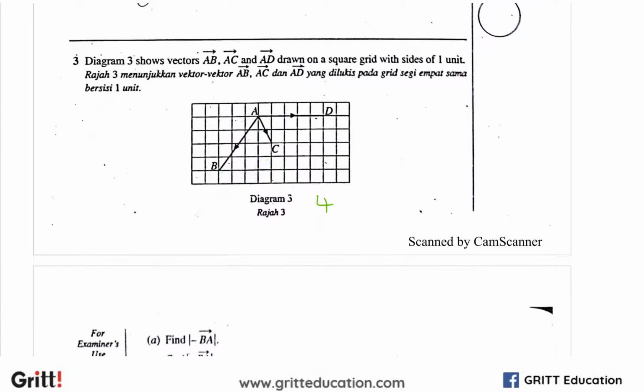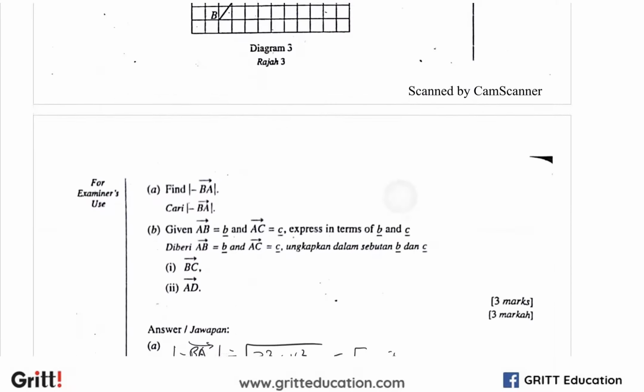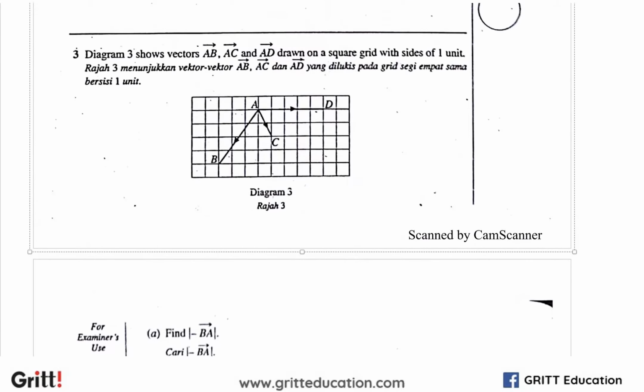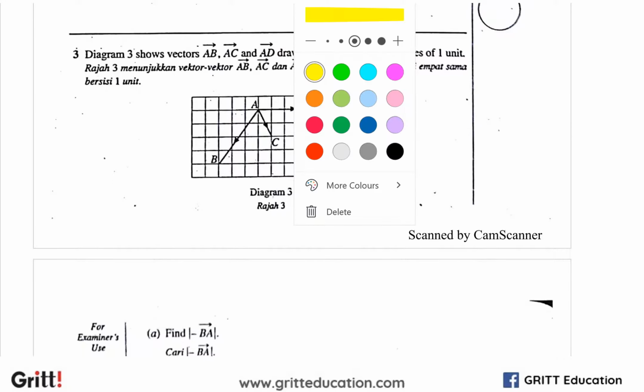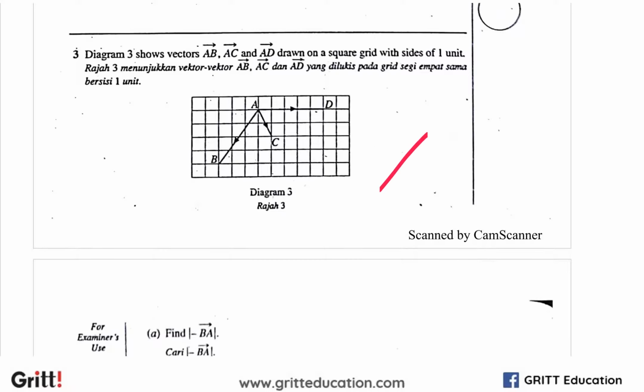So when they say from B to C, they're actually referring to, let me choose a brighter color, this part.